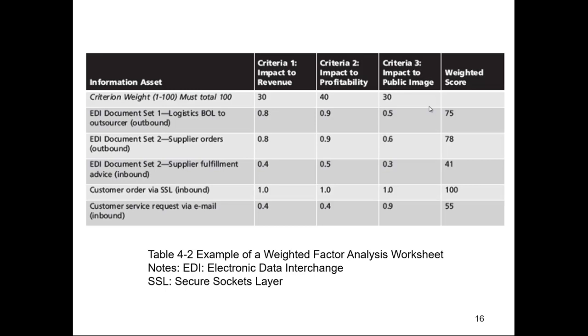This slide shows an example of a weighted factor analysis worksheet, and you can see the weighted scores in the last column, which shows the one with the highest weights and the importance of that asset.